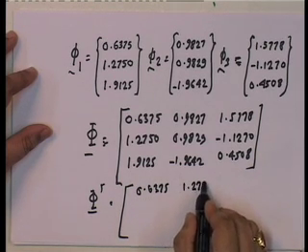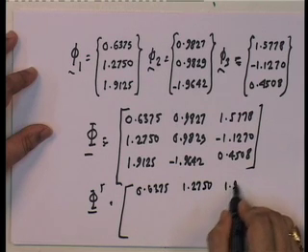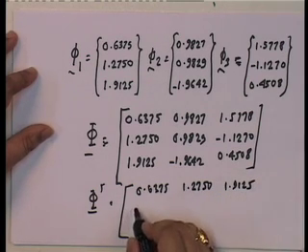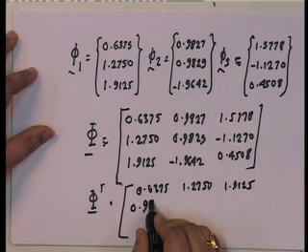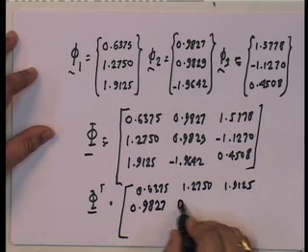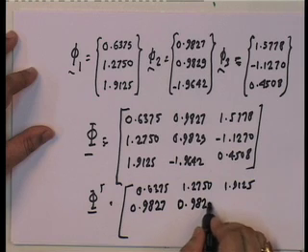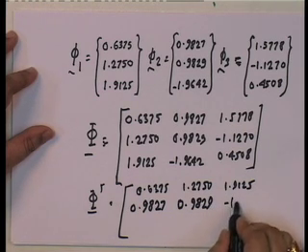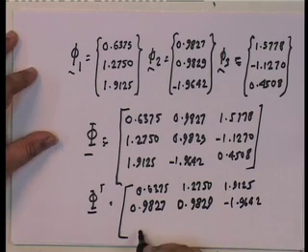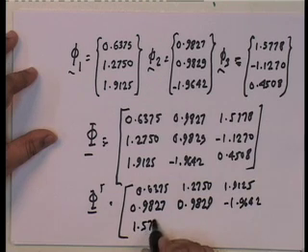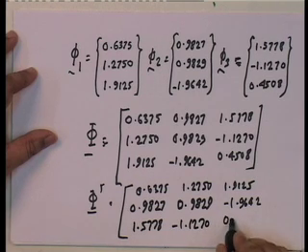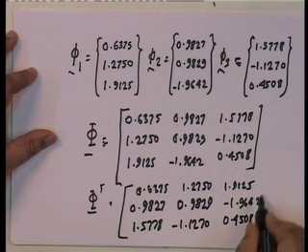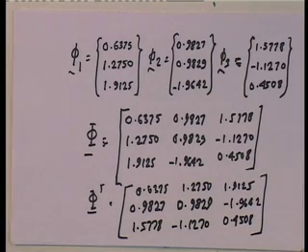0.6375, 1.270, 1.925, then 0.9827, 0.9829, minus 1.9642, and then finally 1.5778, minus 1.270, 0.4508.